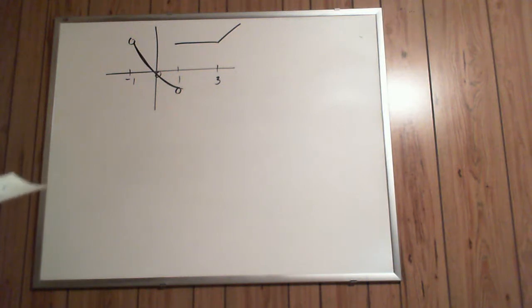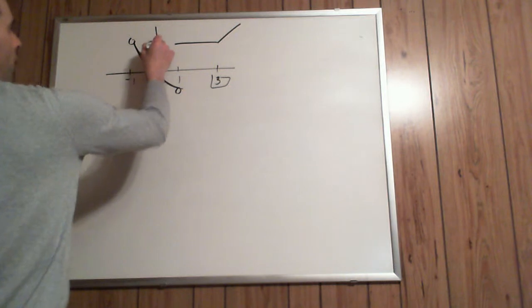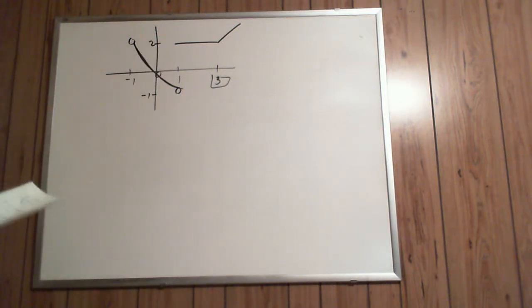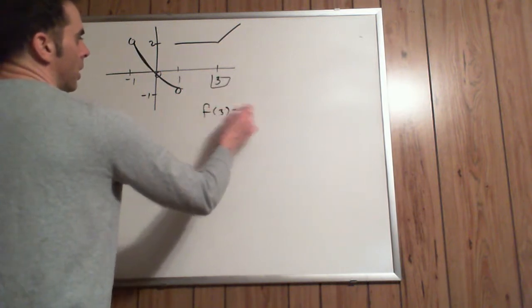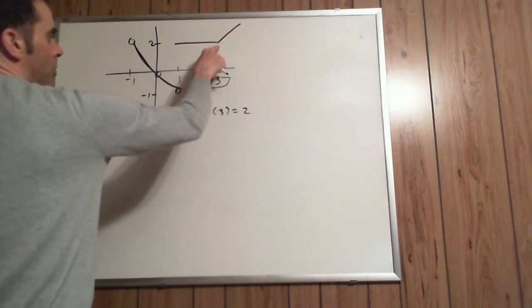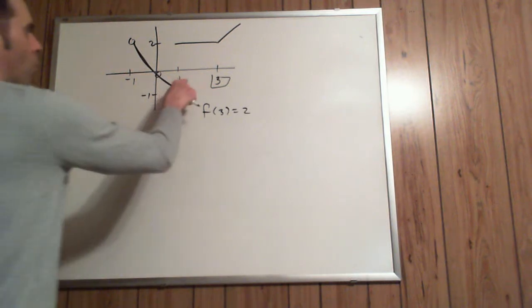Okay, so is f continuous at 3? Yes. Just suppose this is a y value of 2 and this is negative 1. It is continuous at 3 because f at 3 equals 2. The limit from the left of 3 and the right of 3 is 2, and that limit value equals the function value.